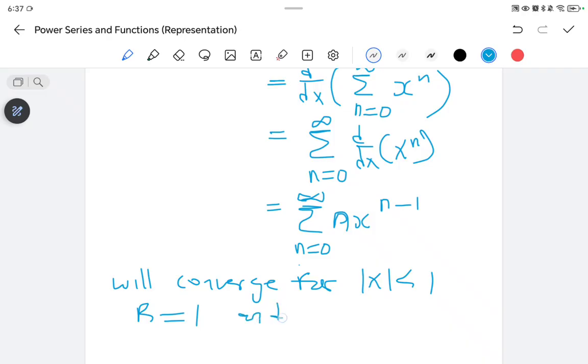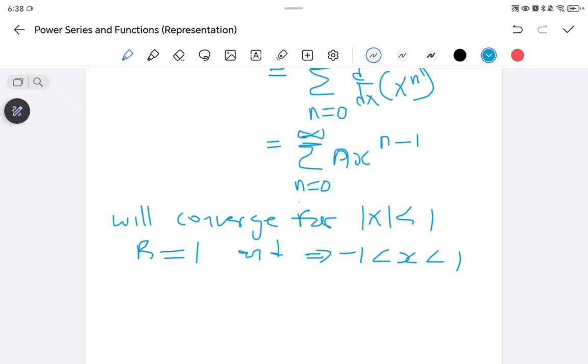This would imply that minus 1 is less than x, less than 1. And this is not the interval of convergence. This is the interval of validity.